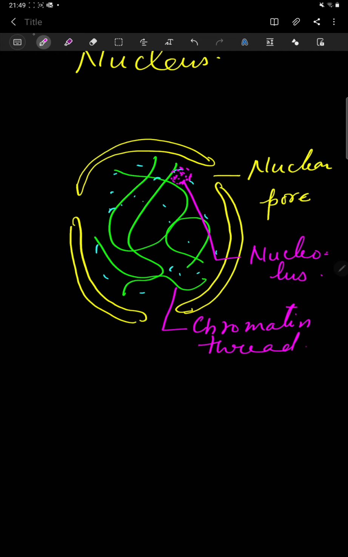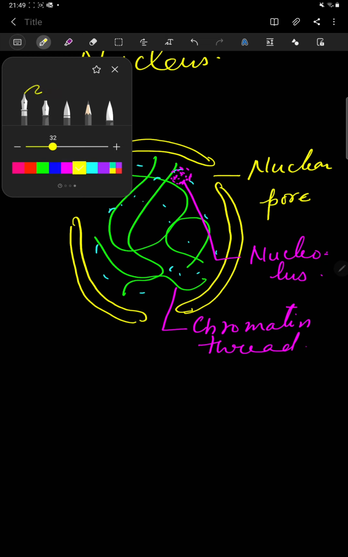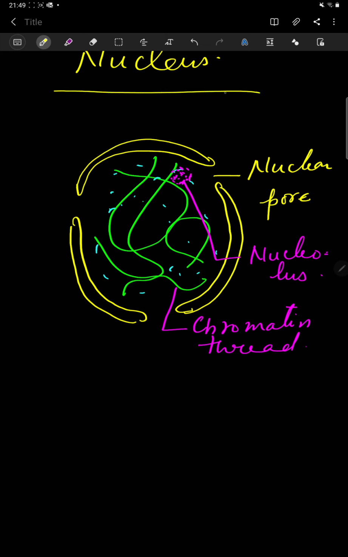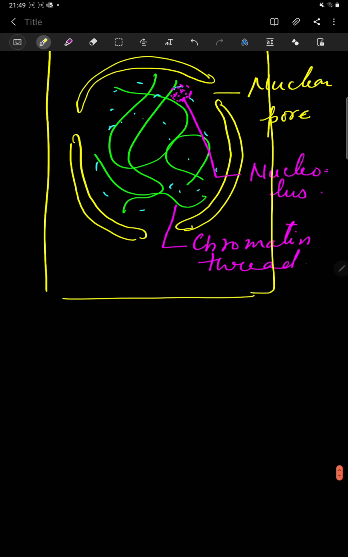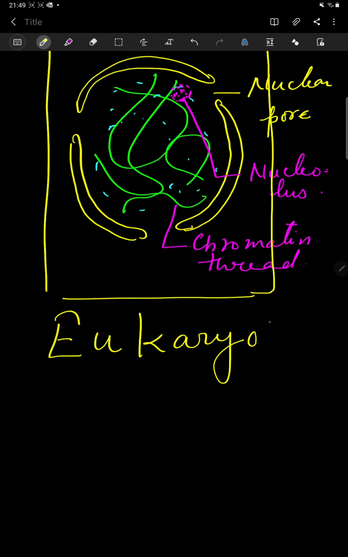If I draw a boundary line to show you that it is a cell, consider this is a cell, making a cell like this one, and a well-developed nucleus is present in such a cell. Of course, if the nucleus is present, then we use the term eukaryotic cell. What is the meaning?